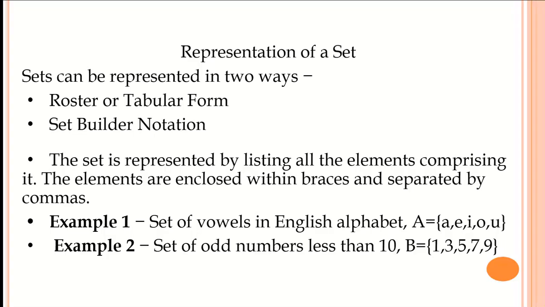In this way, each element is separated by a comma and included in curly braces. This is the representation of the set in roster form. Next example: the set of odd numbers less than 10, that is {1, 3, 5, 7, 9}. This is also the roster form.